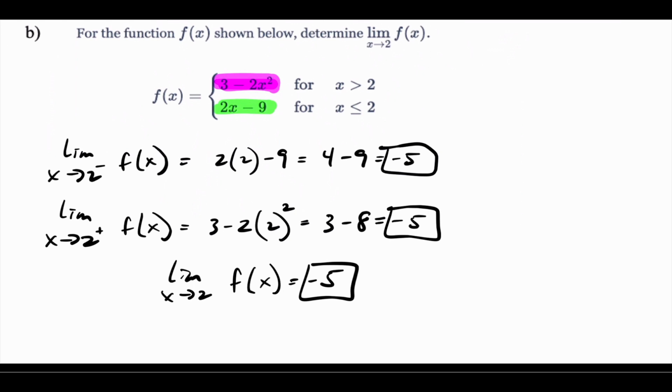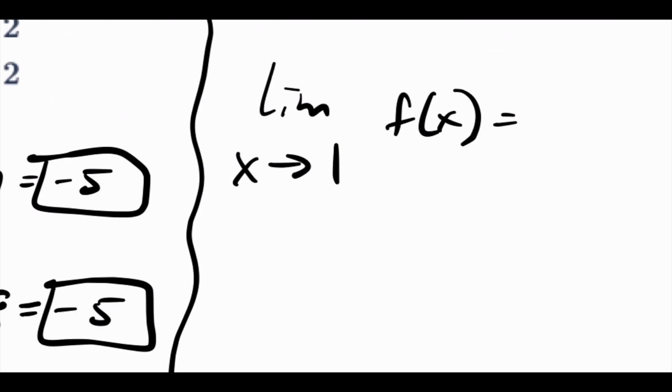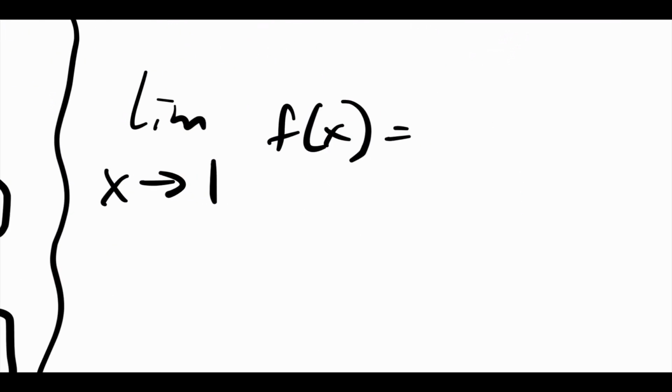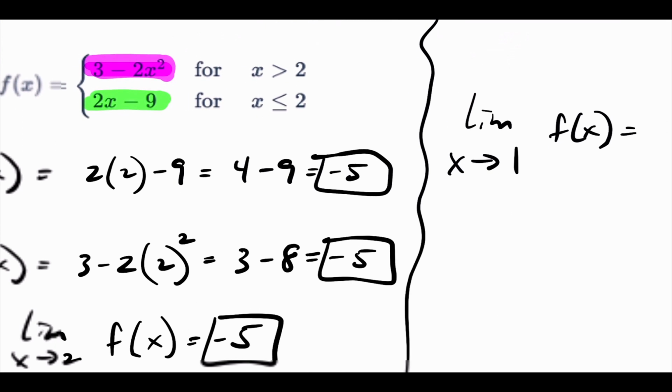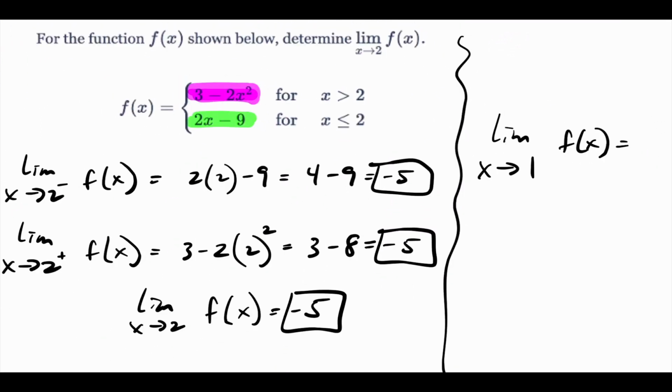Okay, so let me throw a little bit of a wrench at you. What if the question said this? What if the question said that there? You don't have to write this down if you don't want, but I'm just kind of throwing something at you. Would I have to check both pink and green? No, you're right. Which one would I check?